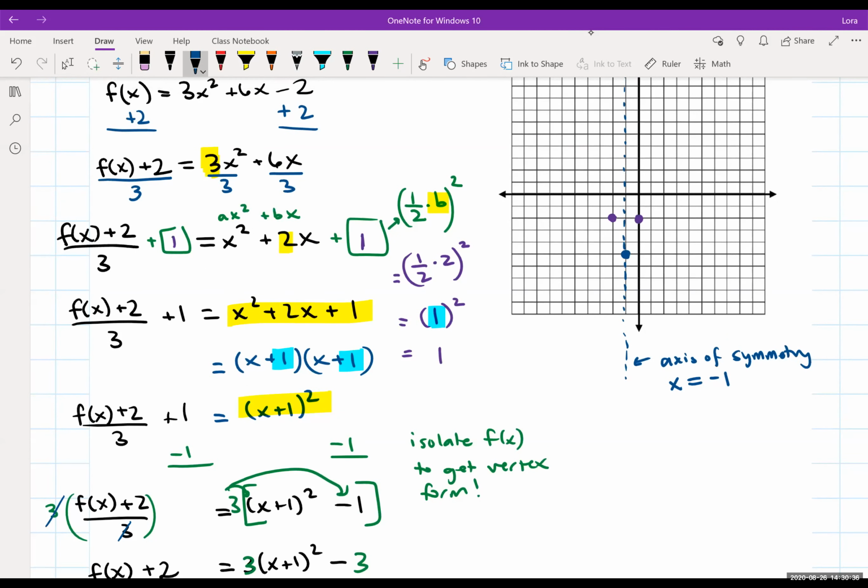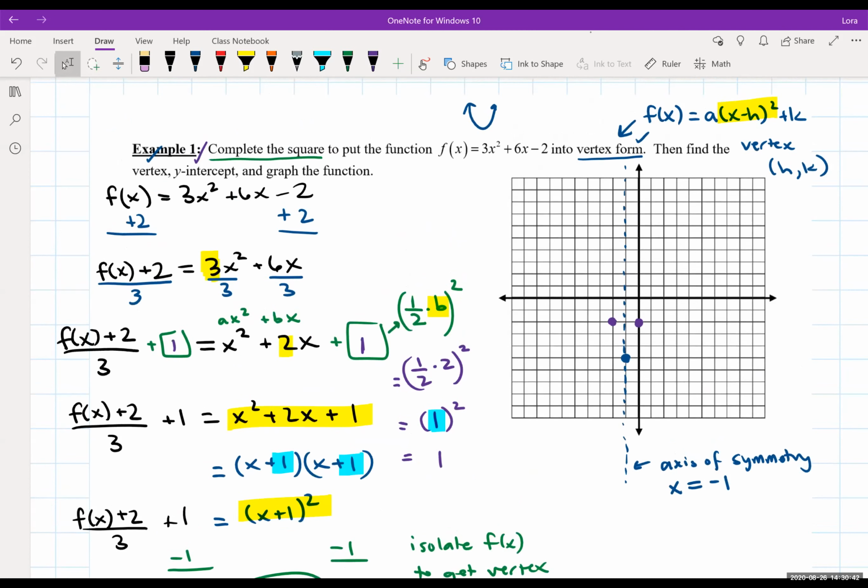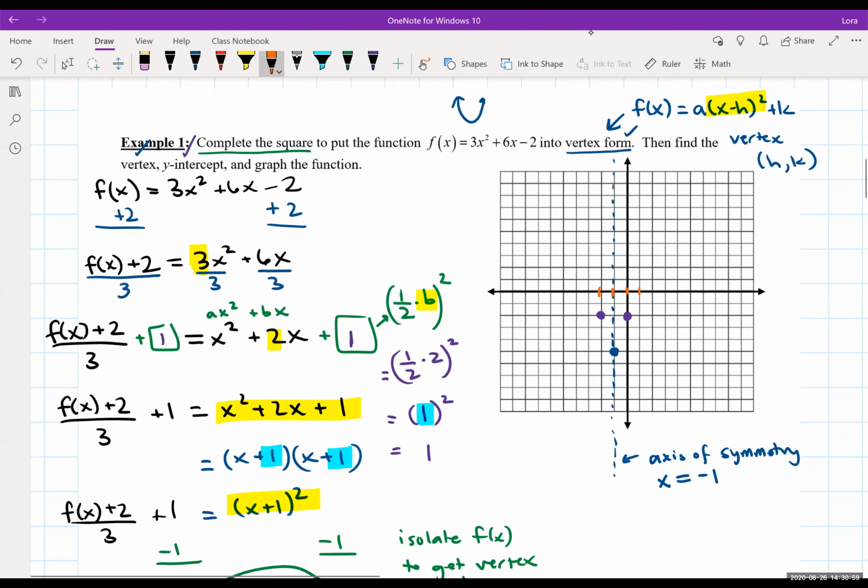Okay, so almost there. What you probably want to do is find a couple of other points on the function. And you could kind of see you already have points for when x is -1, when x is 0, or x is -2, excuse me. So it might be interesting to figure out what happens when x is 1 or 2.